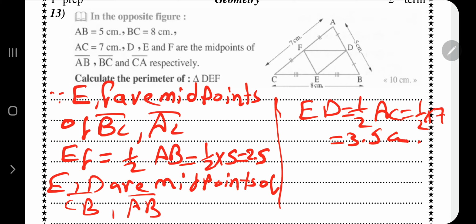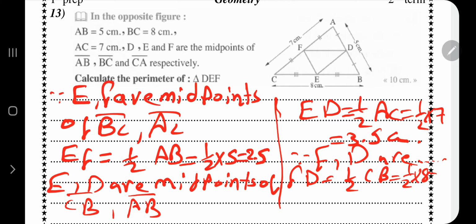The last one is FD. F and D are midpoints of AC and AB, that means FD equals half CB, half times 8 equals 4.